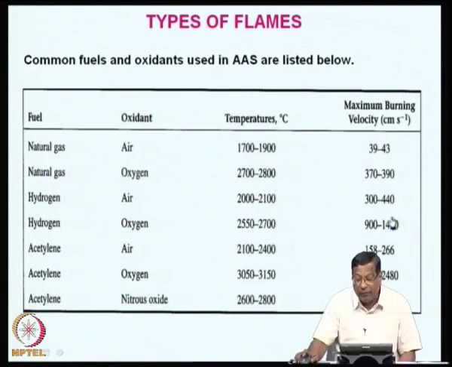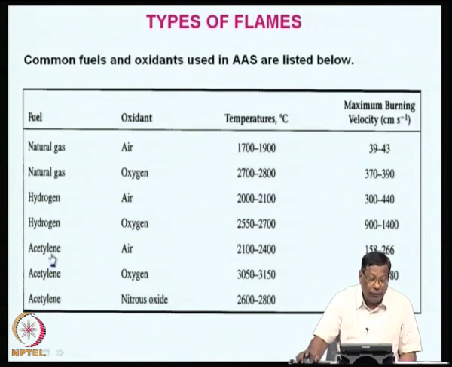But look at the burning velocity, that is about 900 to 1400 centimeters per second. That means, you will be using an enormous amount of gas in the atomic absorption instrument. So, for all these reasons, natural gas and hydrogen are not preferred, even though research has been conducted using natural gas and hydrogen, air, oxygen mixtures.